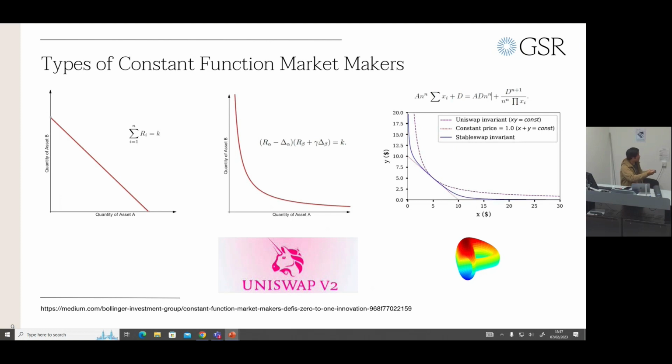It's often used for selling, let's say, pegged assets, certain assets that you might want to sell at a certain price. Let's say I only want to sell Ether at 4,000 USDC and nothing more, nothing less.